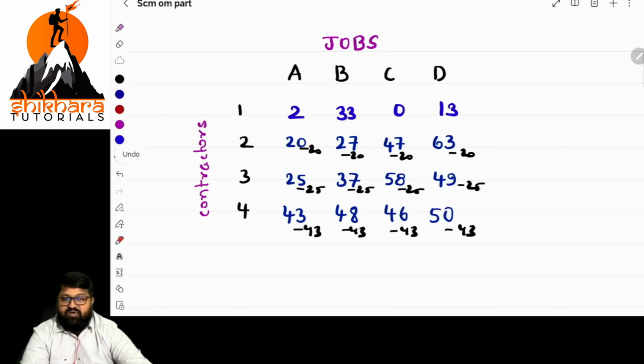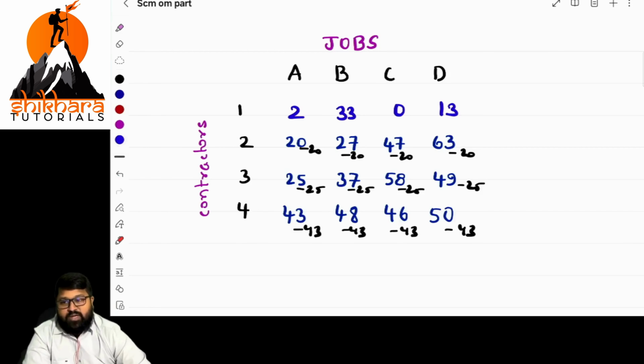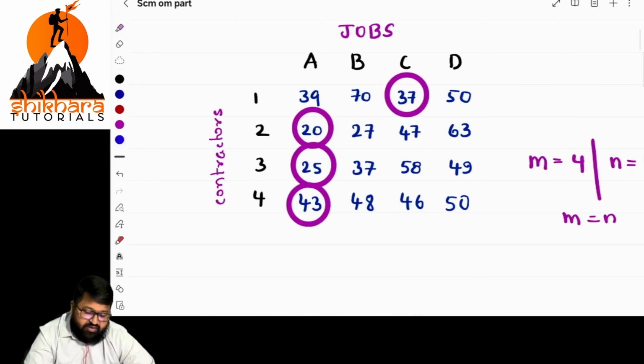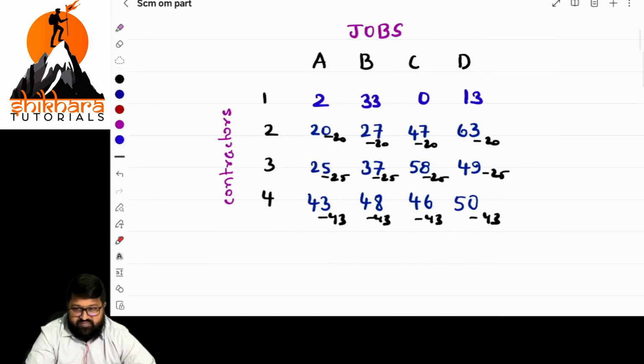If you are checking them perfectly, then it's fine. Because, and one more thing, in the case of OEM, do not use your mind. Use the calculator, buddy. If you are using calculator, it will be very good for you. Is it clear, ma? So identify the least numbers and deduct it. 37 is least, 2, and it is 33, and it is 0, and it is next one, it is 13. Is it clear? 50 minus 37.